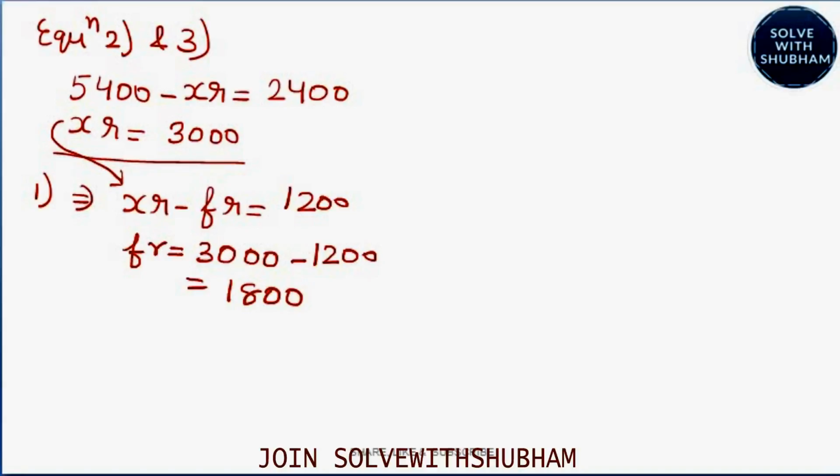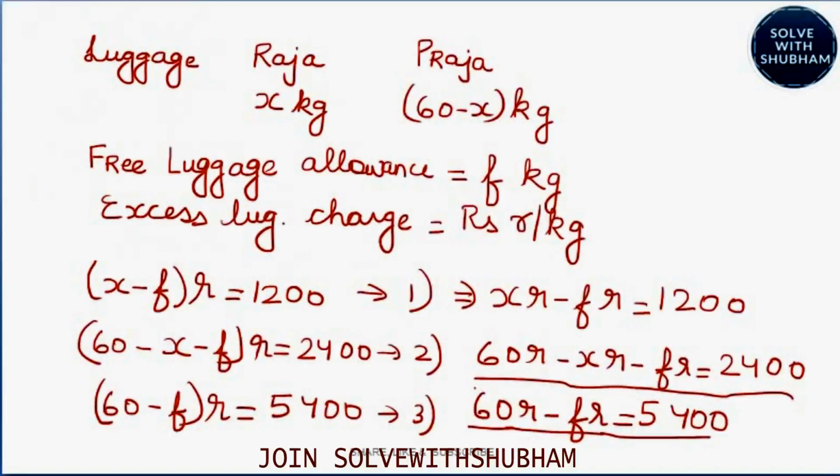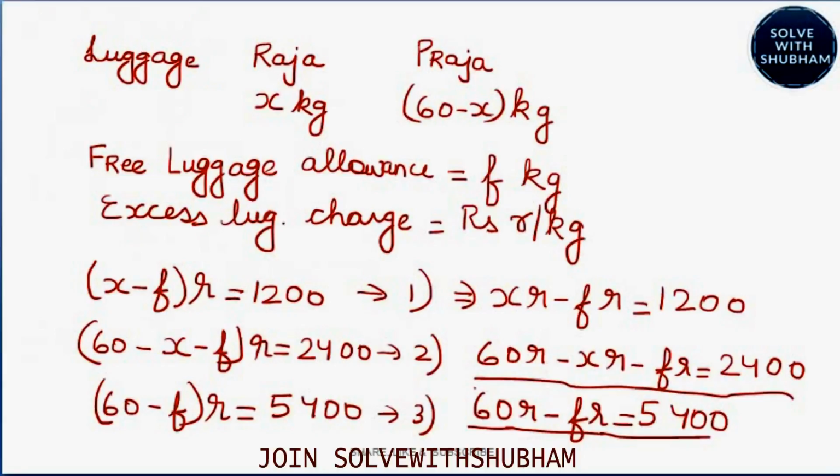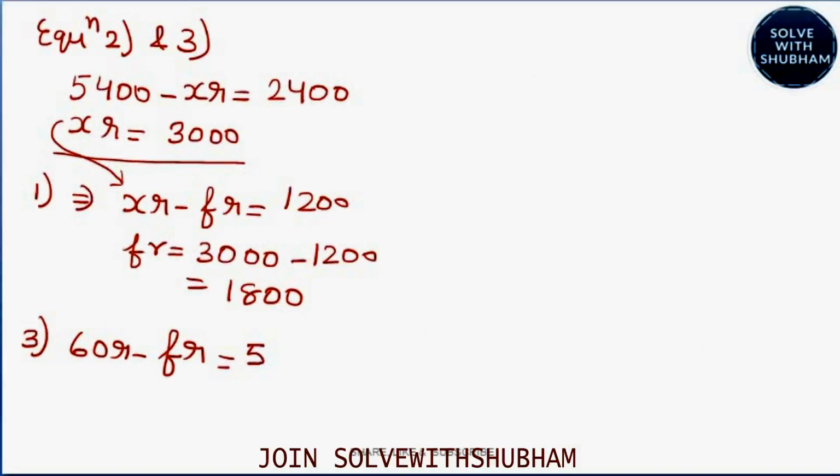Now can we put FR is equal to 1800 in equation 3? Equation 3 is 60R minus FR is equal to 5400. Can we put this 1800 here?